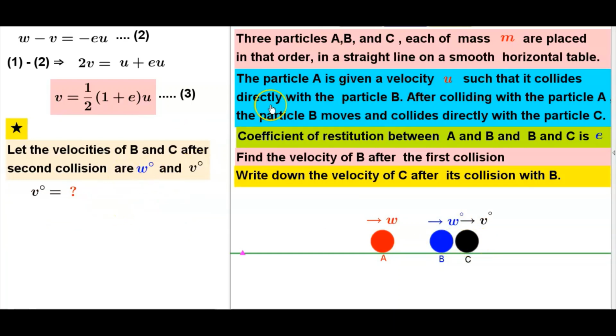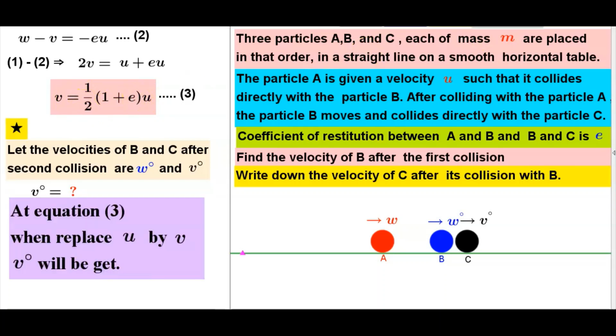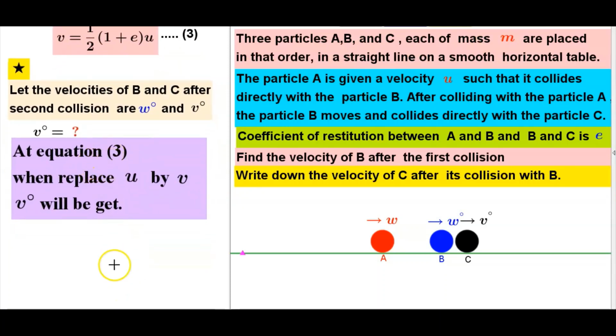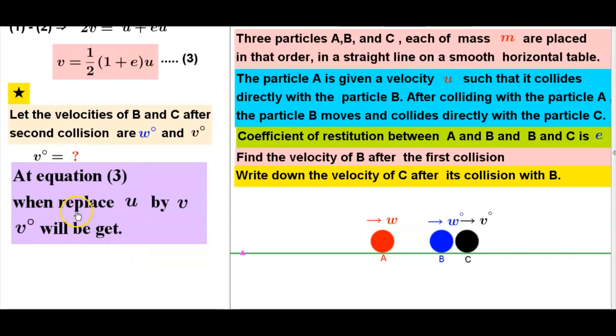Using the previous part: before collision the velocity is u, and after collision it is half into (1 plus E) into u. Therefore, in equation 3, when we replace u by V, we get V naught.